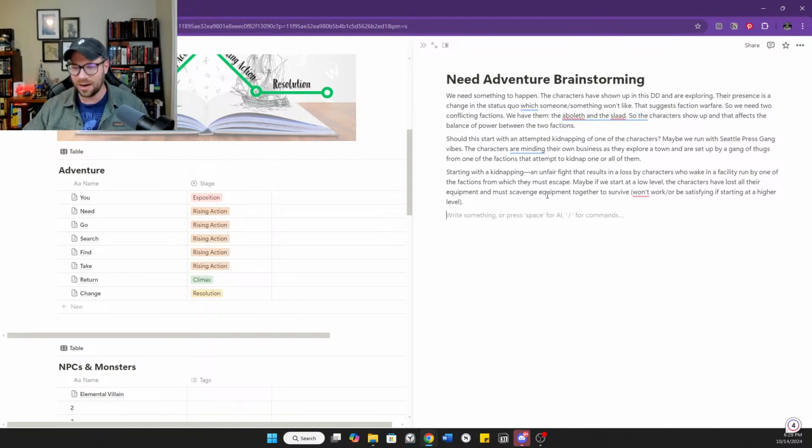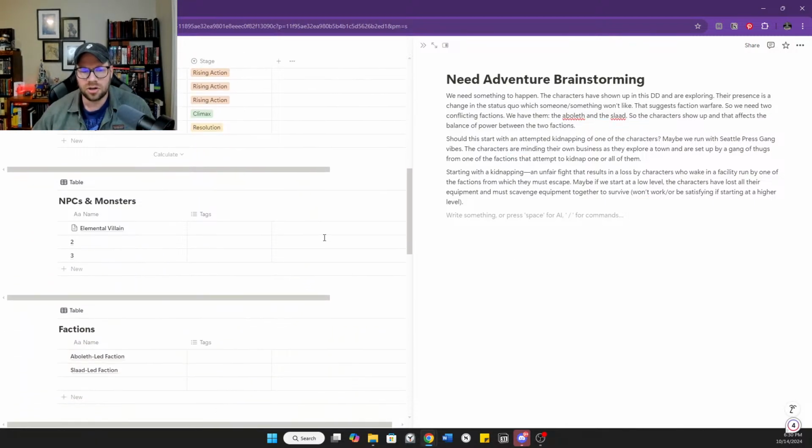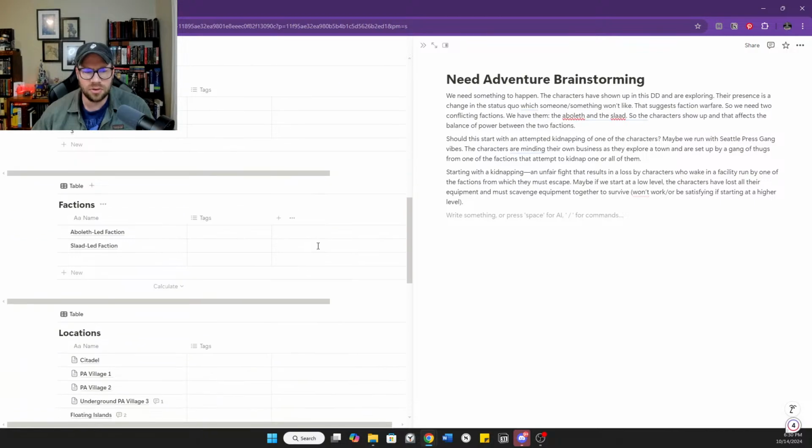All right, so let's think about this facility. What faction are we going to run with? What do you think? Should we run with the Aboleths? Should we run with the Slotty? Who should be our initial bad guy faction? Because that is going to determine our characters' points of view on this.